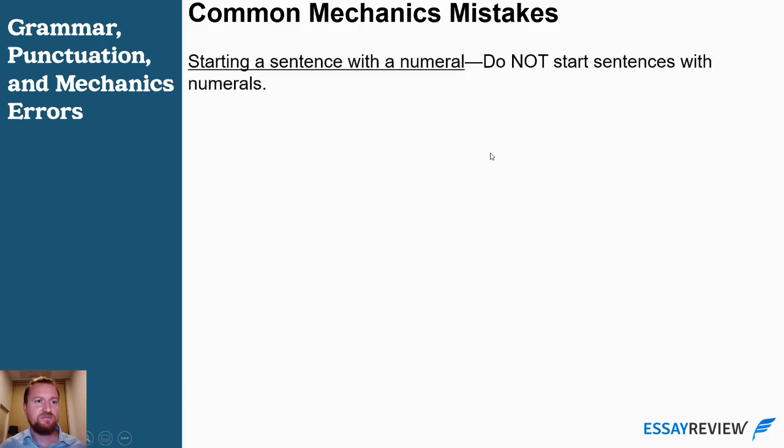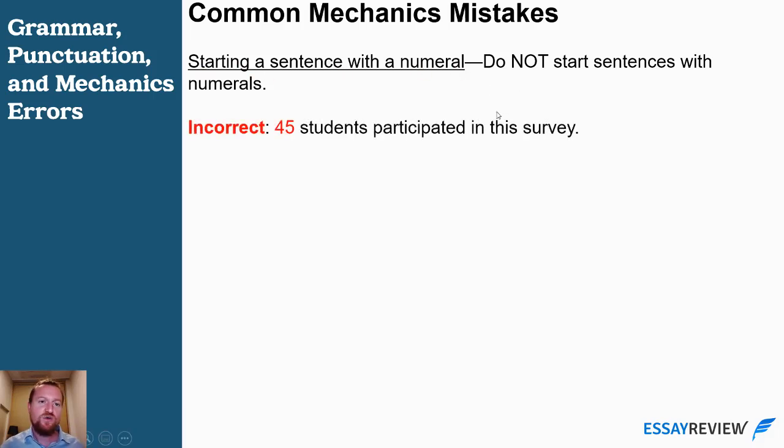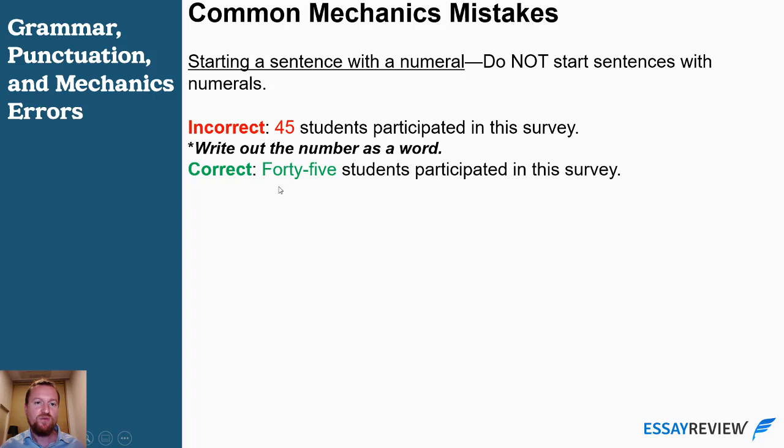Let's look at a few mechanics mistakes. I don't want to discuss punctuation mistakes because there's so many rules. So let's look at a few big mechanics mistakes. Starting a sentence with a numeral is a no-no. Do not start sentences with numerals. So instead of 45, don't write the numeral, write out the number as a word when you begin the sentence. Forty-five students participated.